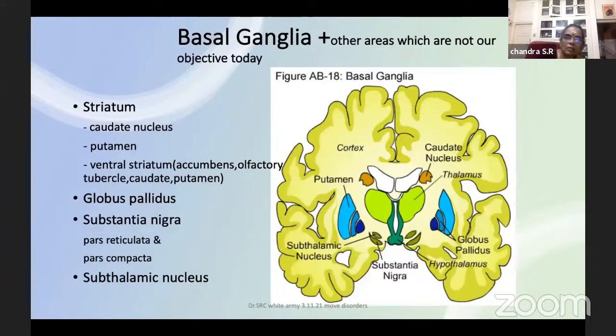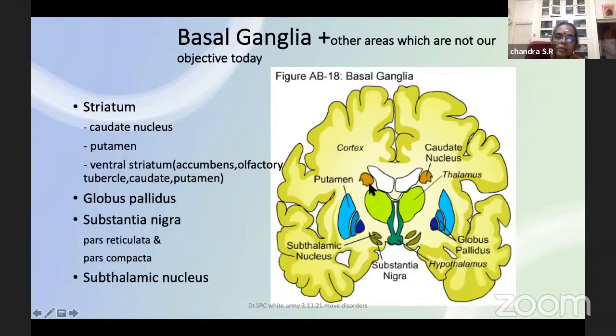So here we can see the structures. All of you know this, but we will see. This is the caudate nucleus, and this is the putamen. This is globus pallidus, interna, externa, and we have got the thalamus. Thalamus is not technically included under basal ganglia, even though it is a most important relay station in the extrapyramidal motor control. So if you are asked for short notes, we don't write about thalamus, but we will tell about the modulatory effect of the thalamic nuclei.